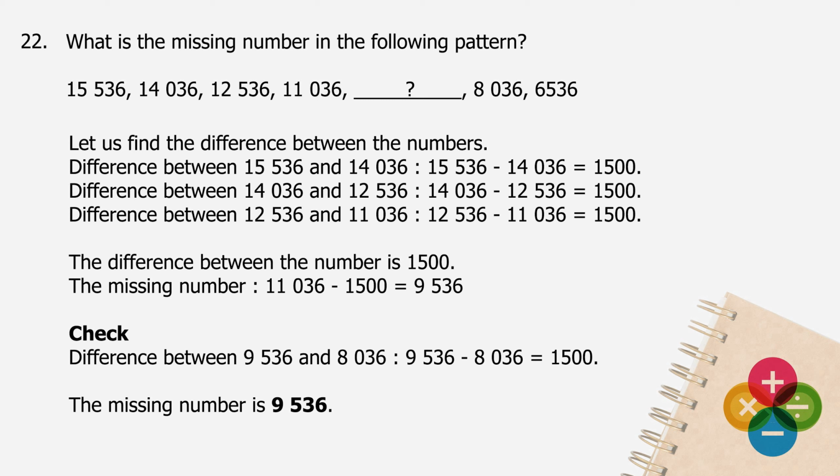The difference between 14,036 and 12,536 is 1,500. The difference between 12,536 and 11,036 is 1,500. The difference between the numbers is 1,500. The missing number will be: subtract 1,500 from 11,036, and the difference is 9,536.